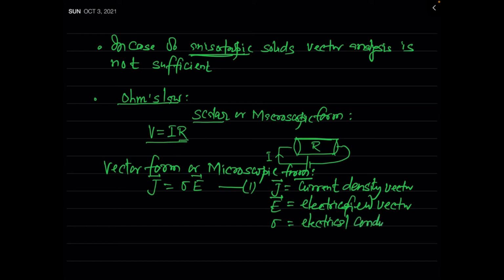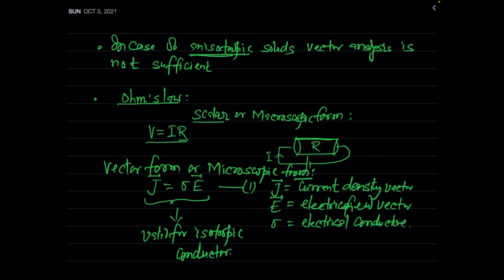Electrical conductivity. In fact, this form of Ohm's law is valid only when your solid is isotropic. So you can say that this form of Ohm's law is valid for isotropic solids or conductors.